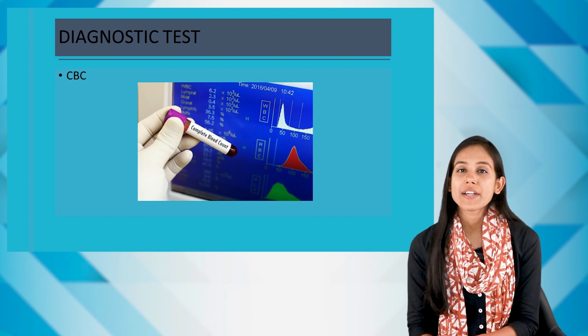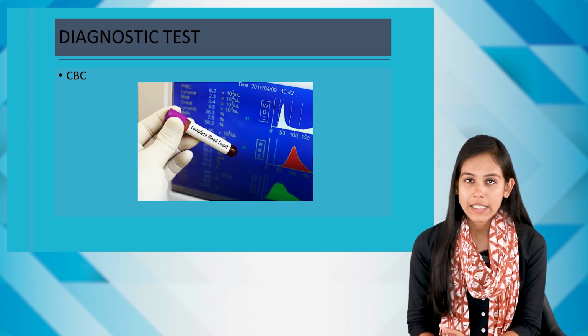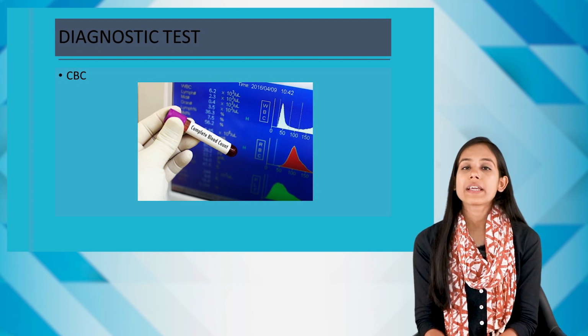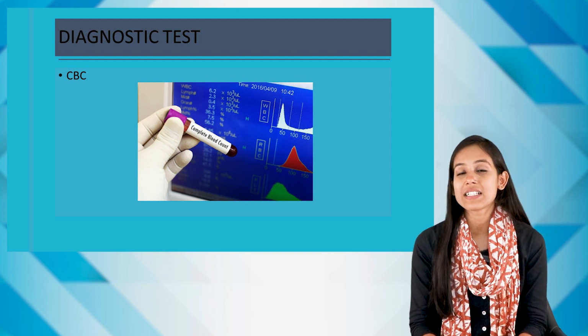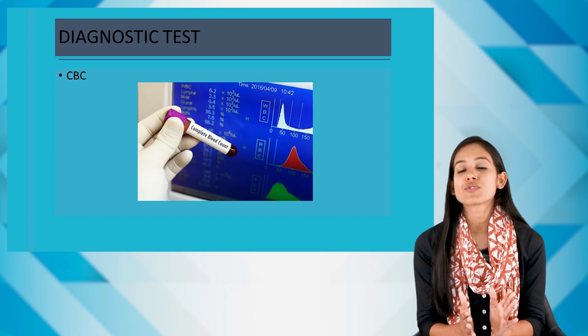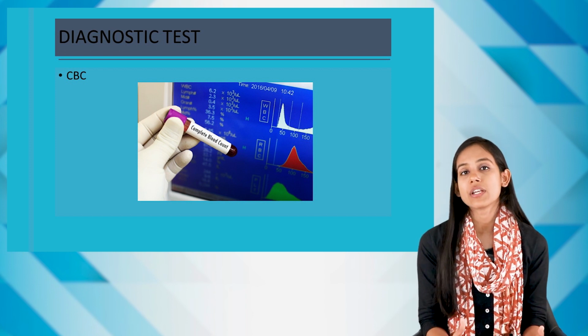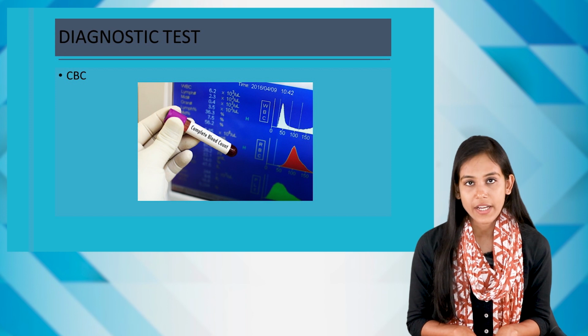Also, sometimes we can find that the WBCs would be decreased, but most of the time we see an increase in the WBCs. Why? Because in most of the leukemias, the WBCs get affected, right?